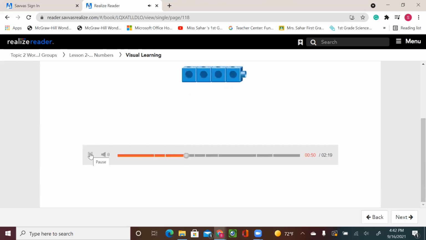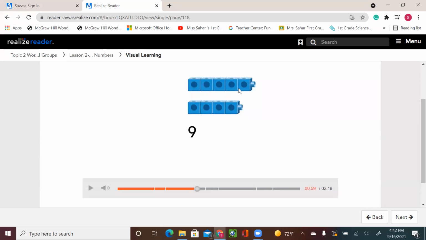A number is odd when it cannot be shown as two equal parts. Is the number 9 even or odd? I have two parts, but they're not equal. The first row has 1, 2, 3, 4, 5 cubes, and the second row, 1, 2, 3, 4.